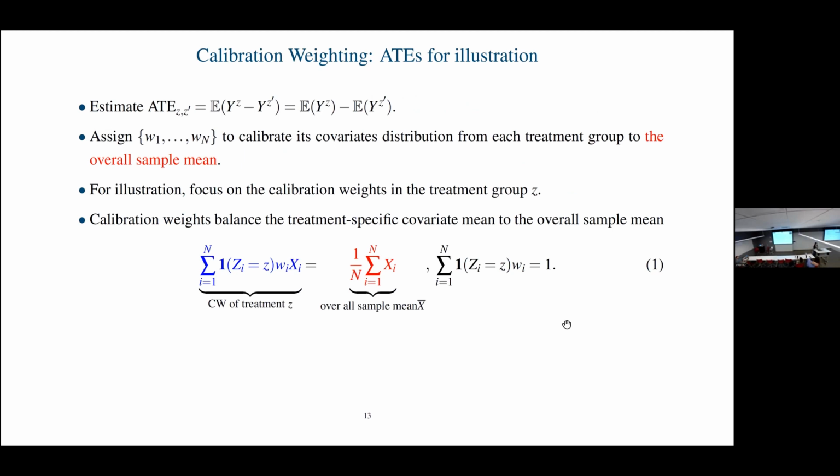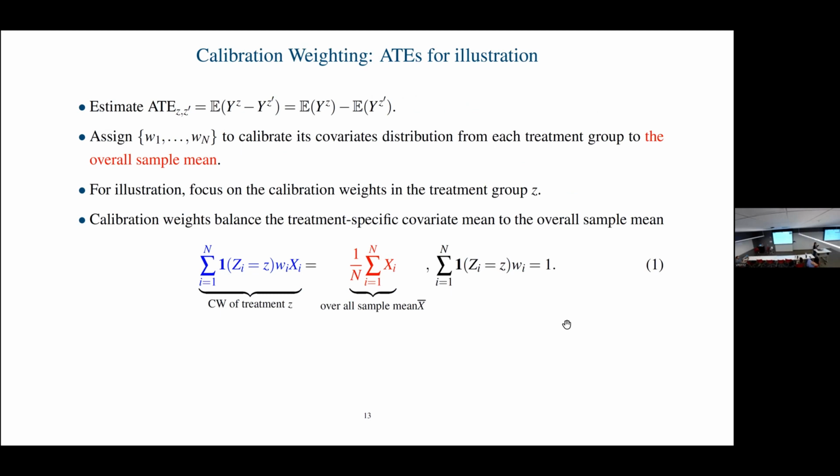Let's focus on the average treatment effect for illustration. The idea is we want to assign a weight to everybody in the sample, and we calibrate the covariate distribution from each treatment group to the overall sample, so the different treatment groups will have clear balance.